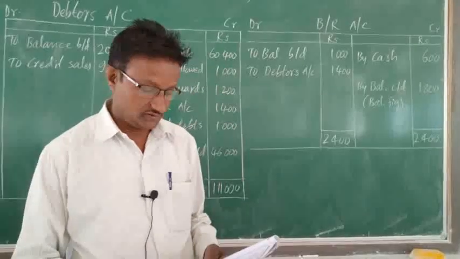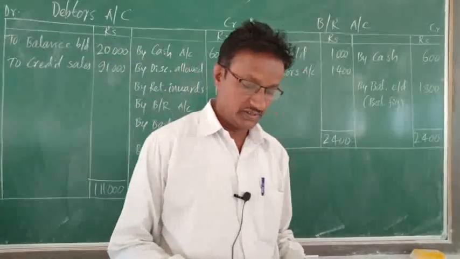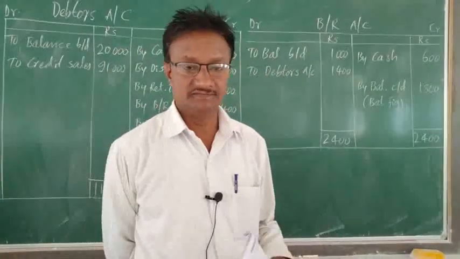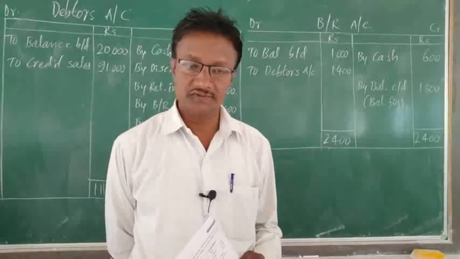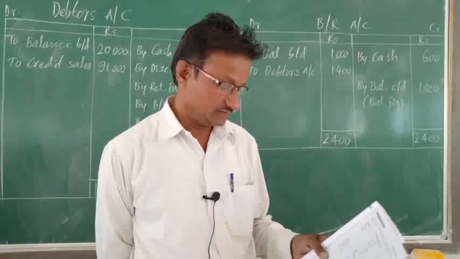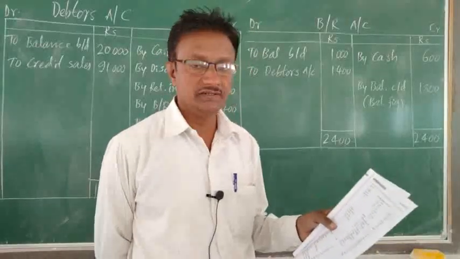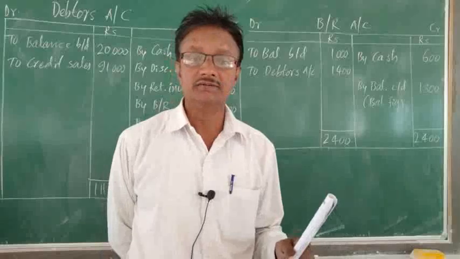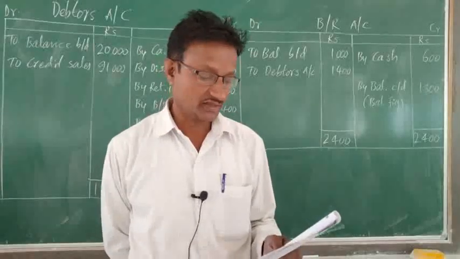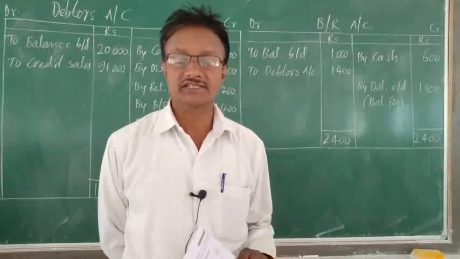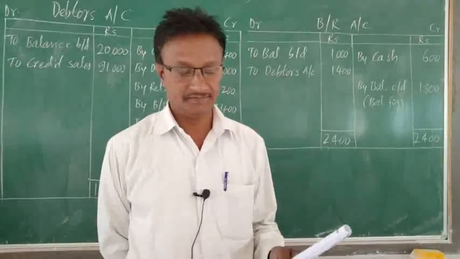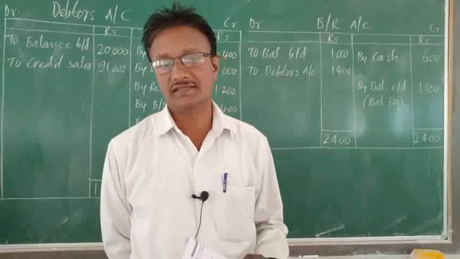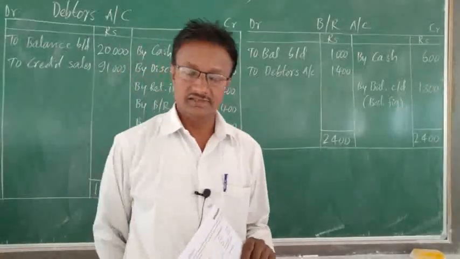By observing the information, the opening statement of affairs is given, and the cash book summary is given. In the opening statement of affairs, creditors and bills payable are given, and on the asset side, debtors and bills receivable are given.